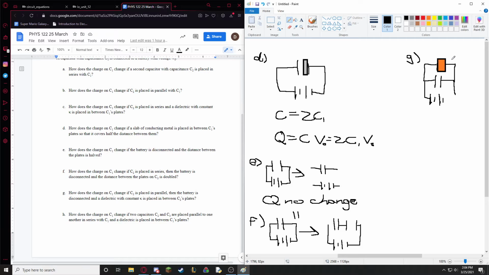Give you a hint. Is there any battery here? Our battery's been disconnected, right? So does that mean our charge is going to change at all?